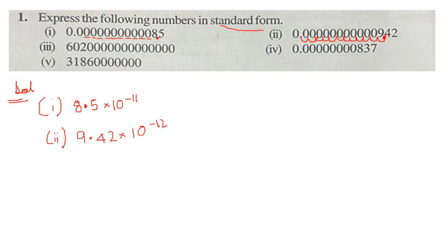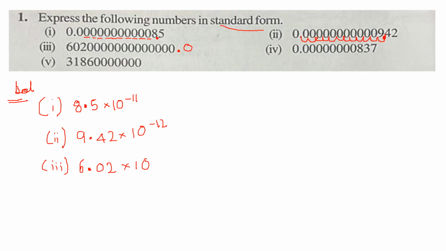Moving on to the third question. We are given 602 followed by so many zeros, right? So your answer would be 6.02 times 10 to the power. How many zeros are there, that you will have to check. Here you are given a whole number and we are converting that into a decimal number.